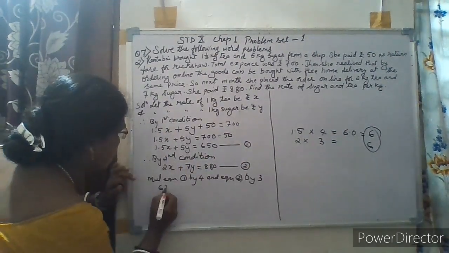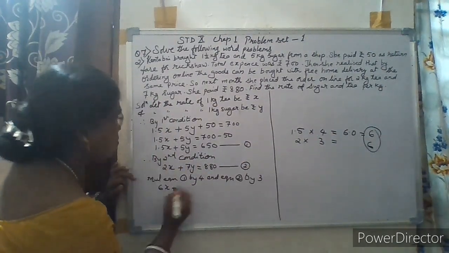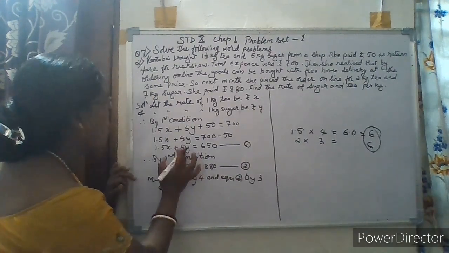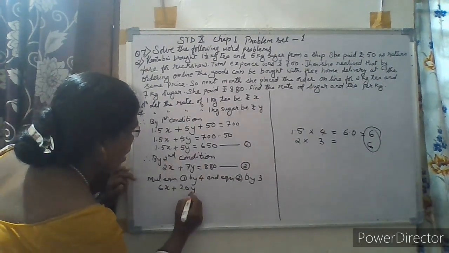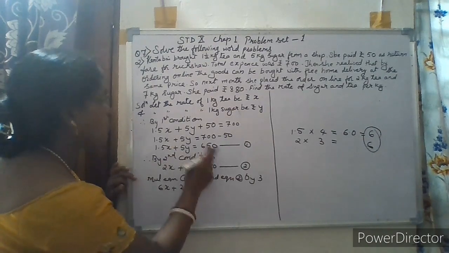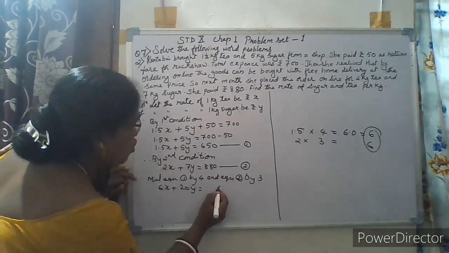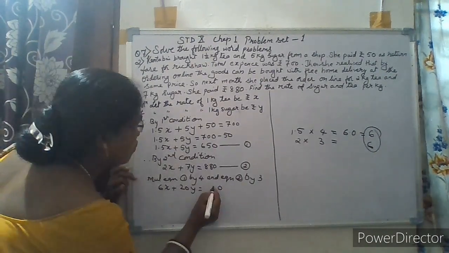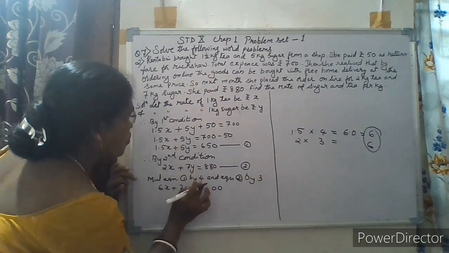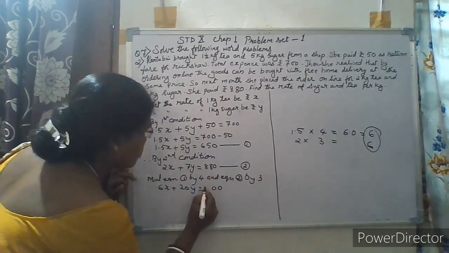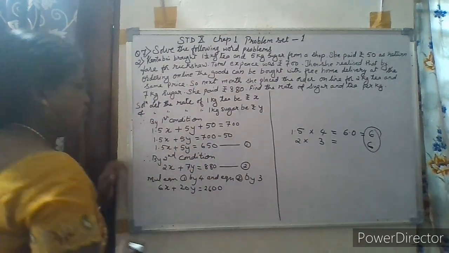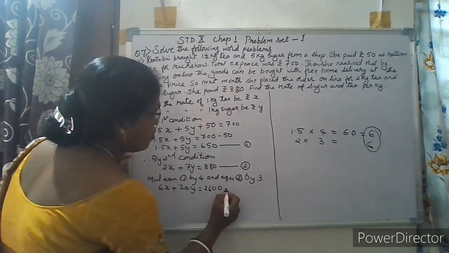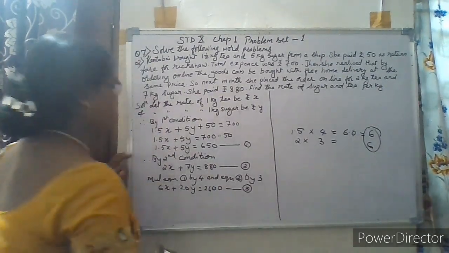It is 6x plus 4 fives are 20y is equal to 650 into 4: 0, 4 fives are 20, carry 2, then 4 sixes are 24, 26. Yes, now it is equation 3.